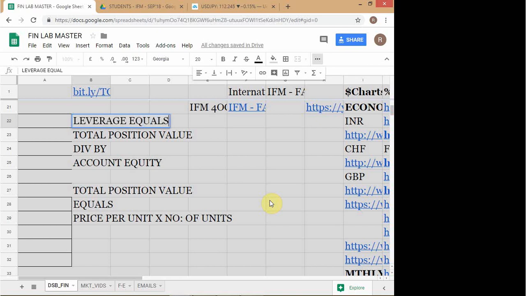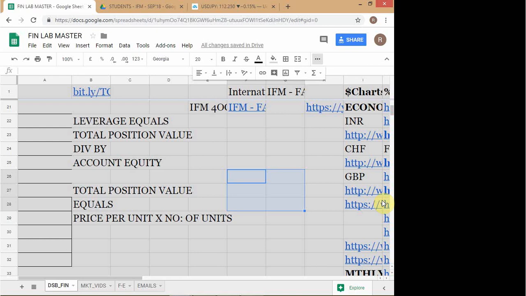It's a little messy, but at least you are able to see it better. It's better than being exposed to my handwriting, right? So leverage equals total position value by account equity. Now you have a systematic understanding of this. You don't have to ever forget it.